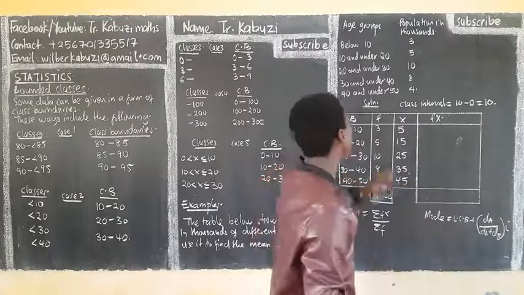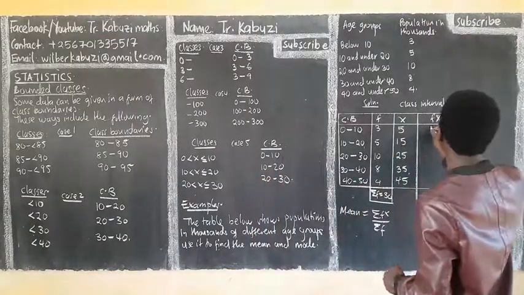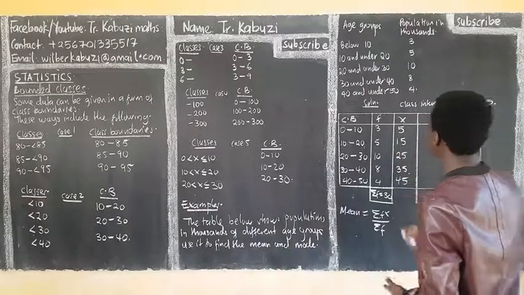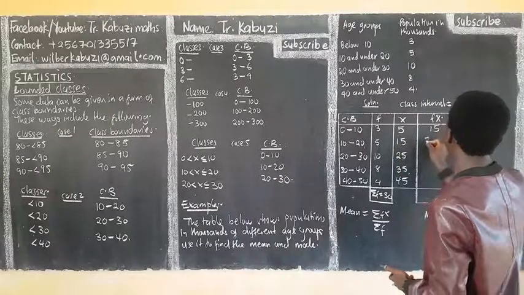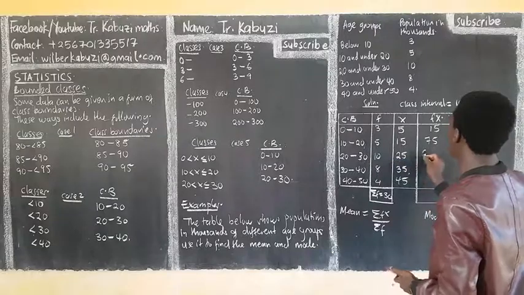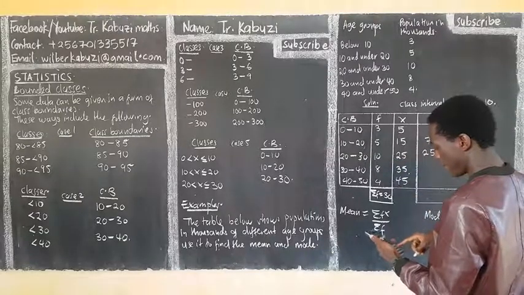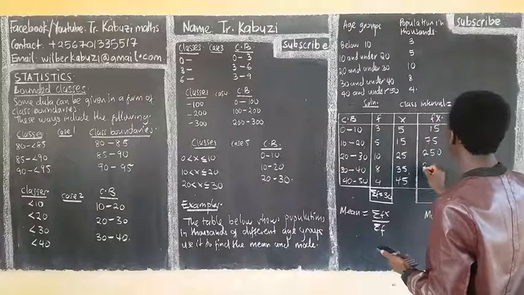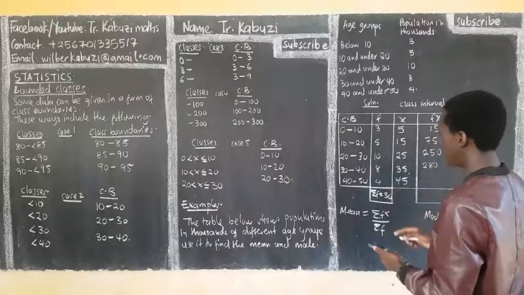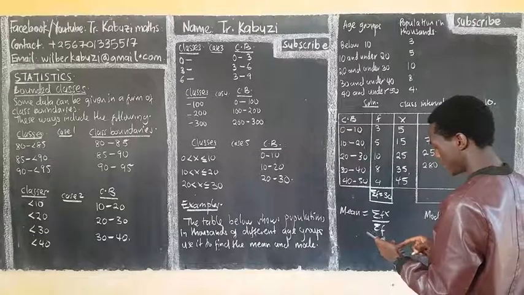Then you need fx. So this times this, we get 15. This times this, we get 75. This times this, 250. Then 35 and 8, we get 280. Then this 180.